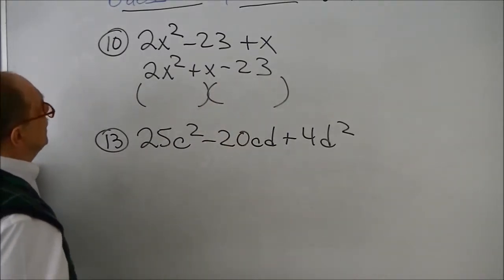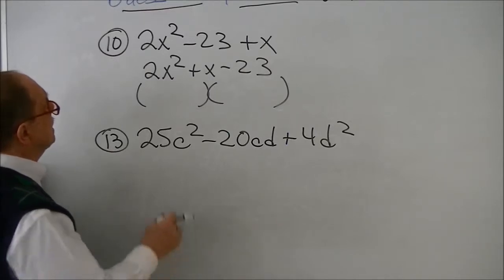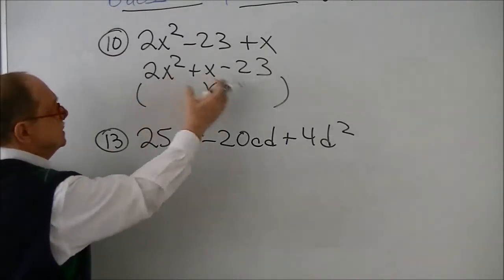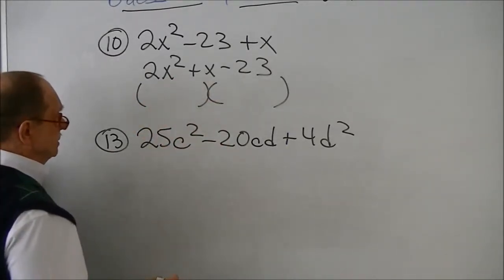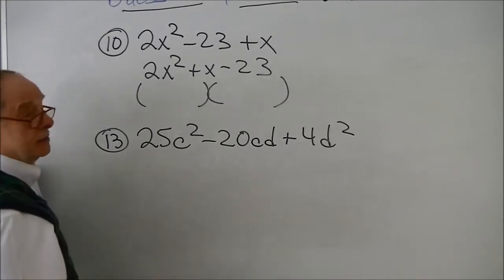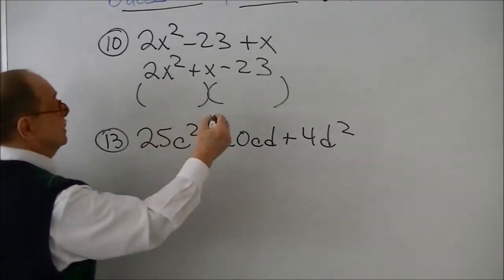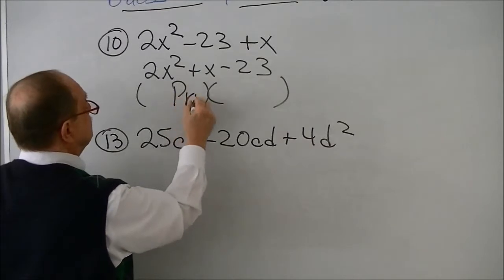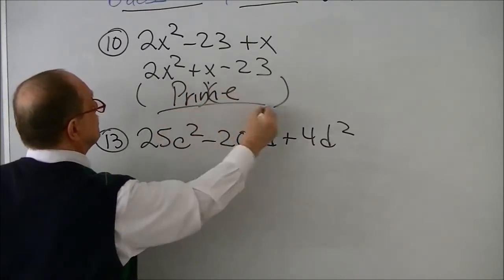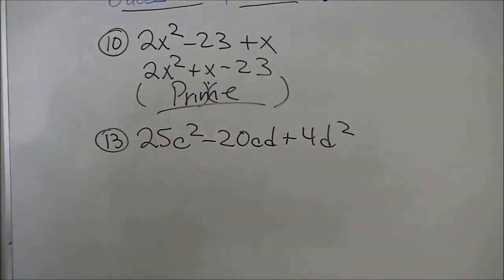So as I look at that, are there going to be any possible combinations? And the answer is no. So this one is prime. That's not factorable. Now we're skipping a few because I don't want to make the tape too long. And again, if you have questions on any of the others, you can bring that into the tutors or wherever.